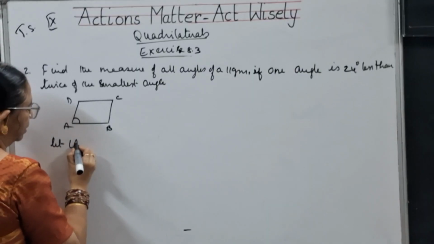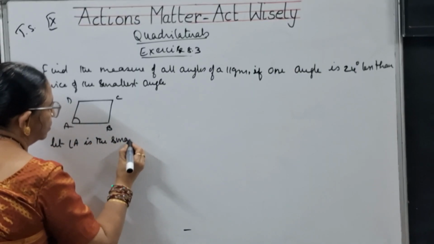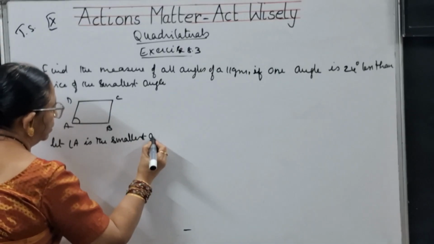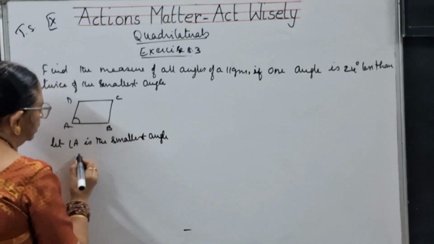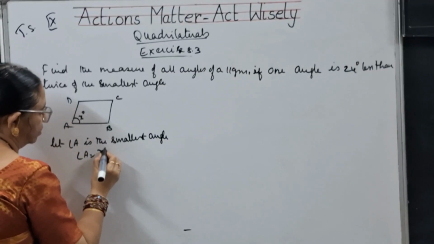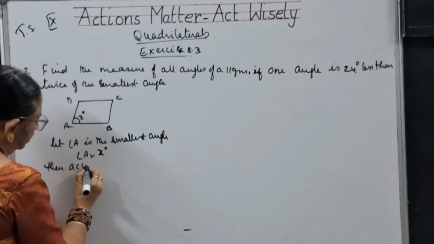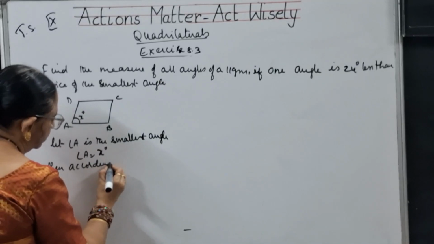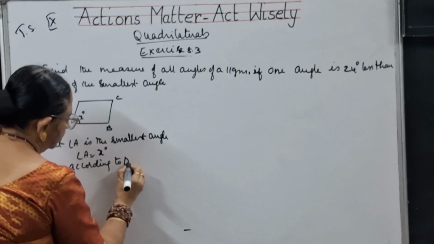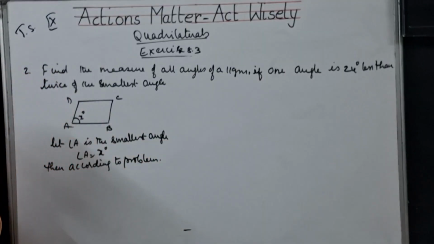Let angle A is the smallest angle, and angle A is equal to, I'll take it as x degrees. Then according to problem, what did they say?